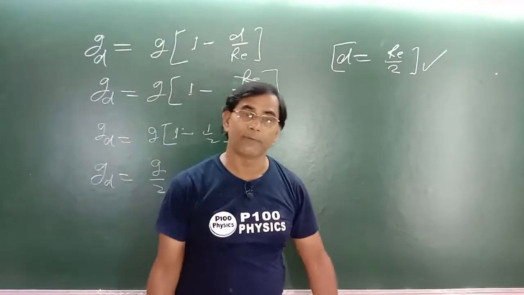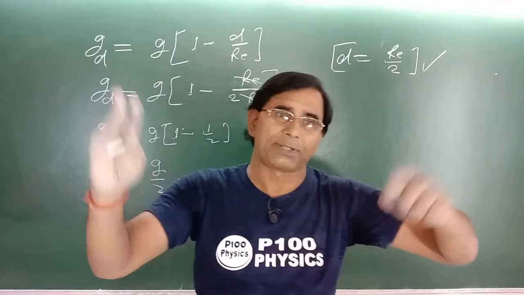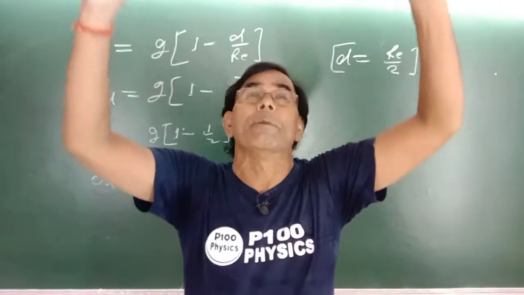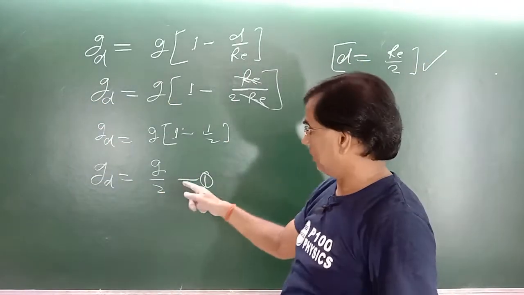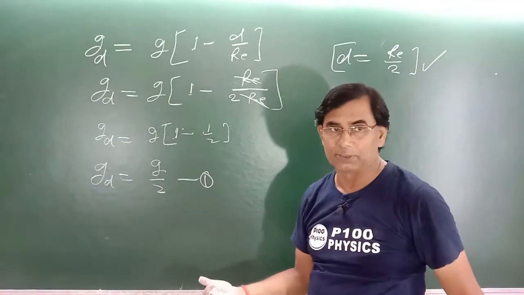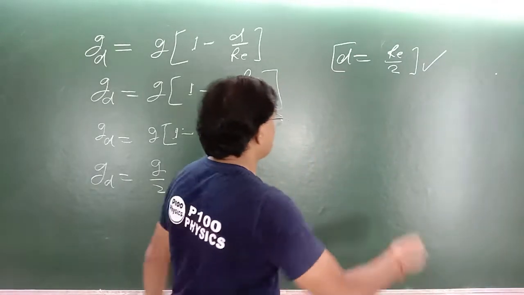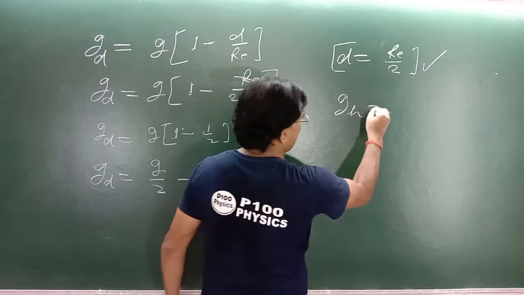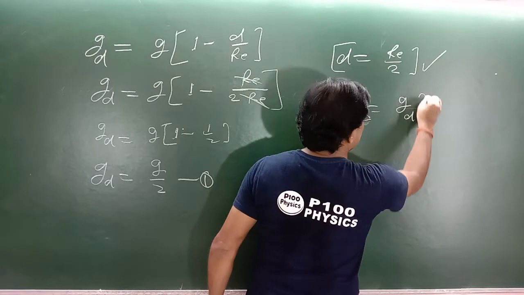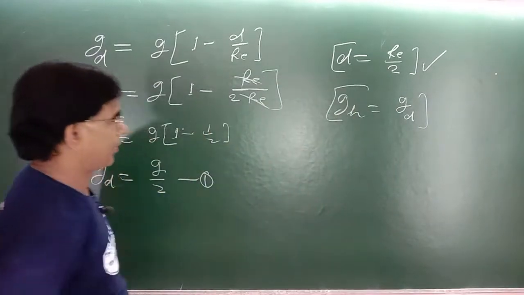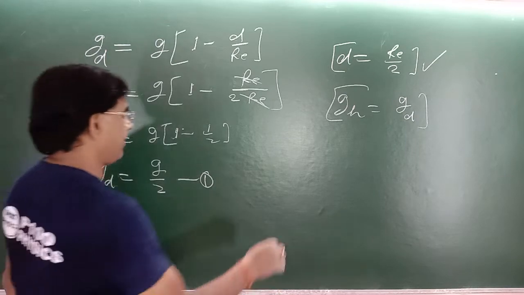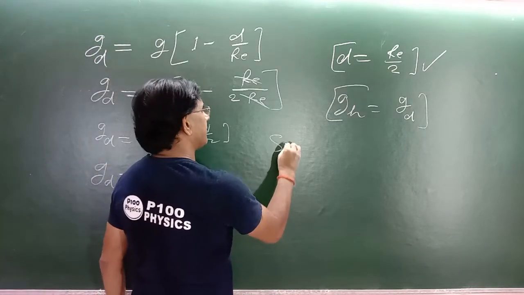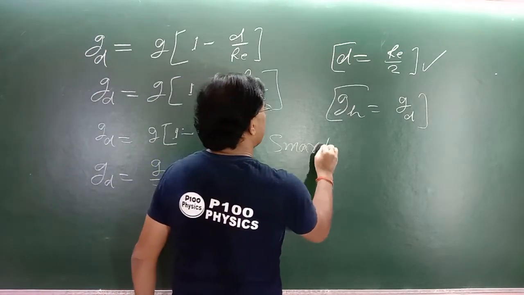But you have to determine the height above the surface of the earth at which g becomes so much, because in your question it is given that gh will be equal to gd. Keep in mind, this is a very smart trick.